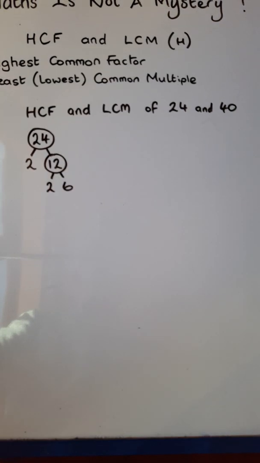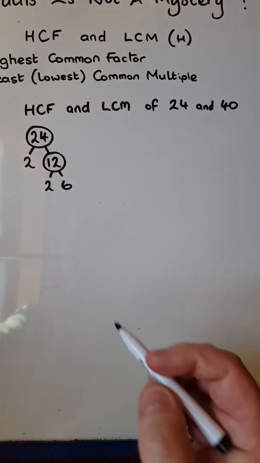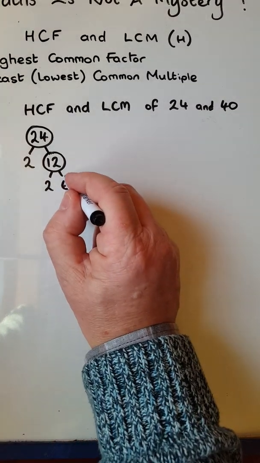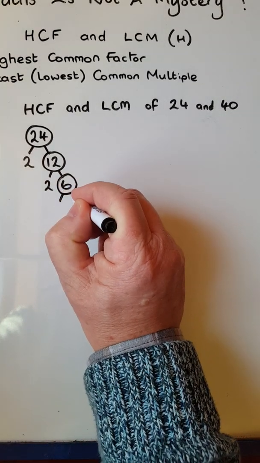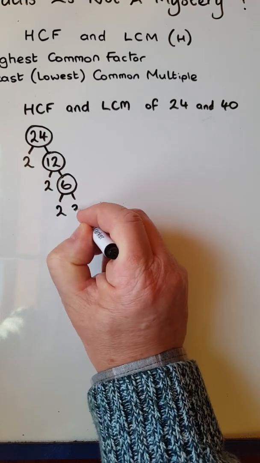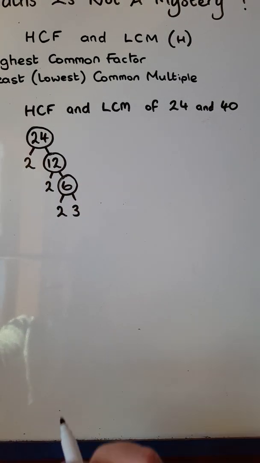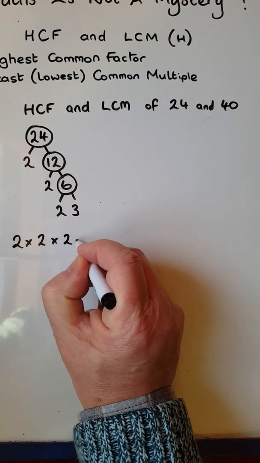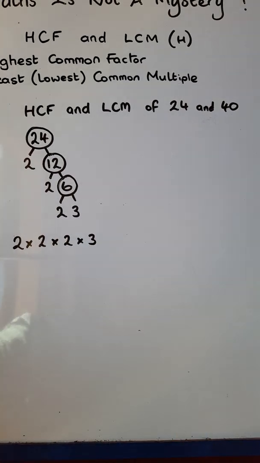You could have done 3 times 4, it doesn't matter, you'll get the same answer at the end, but I start with the 2s. 6 is not a prime number. I'm going to break that down to 2 times 3.